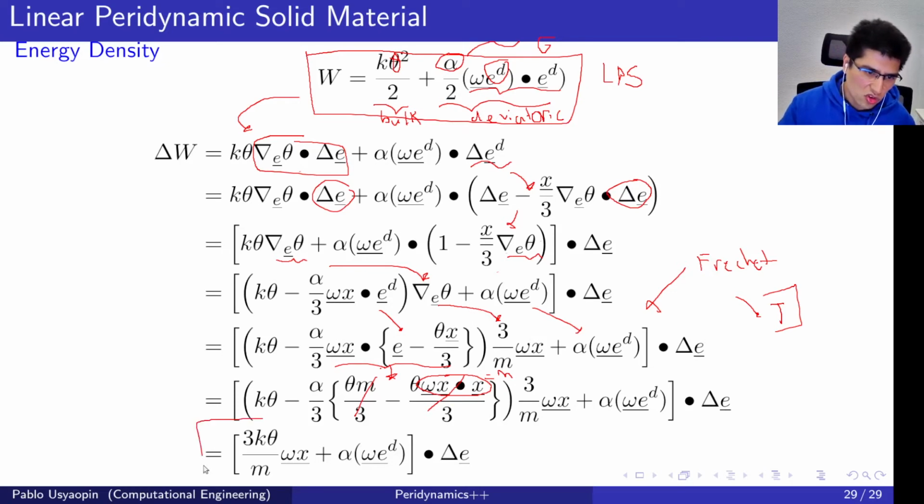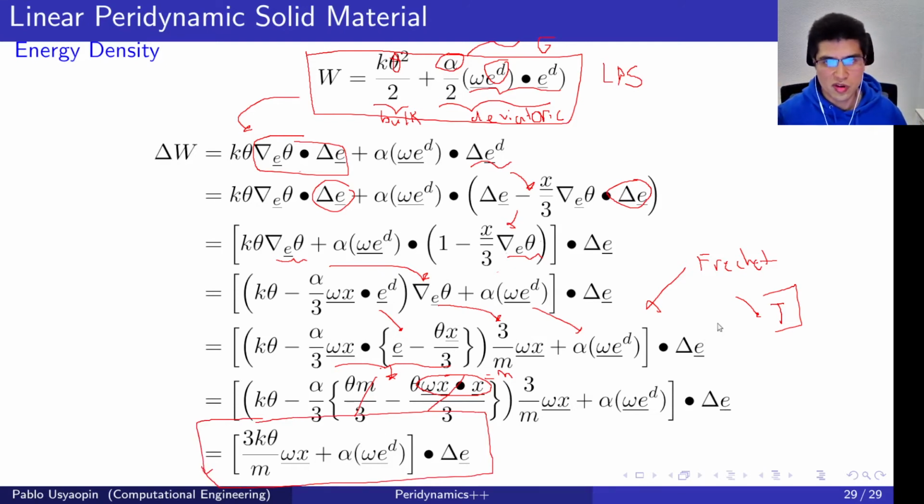This expression is the most commonly employed in peridynamics material modeling when you want to employ different Poisson ratios and so on. And why is that? Because you have the bulk modulus and the shear modulus both acting on the same.